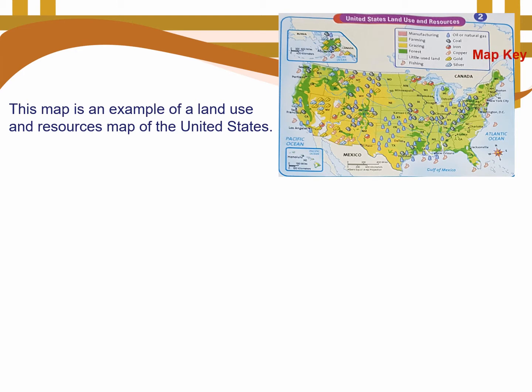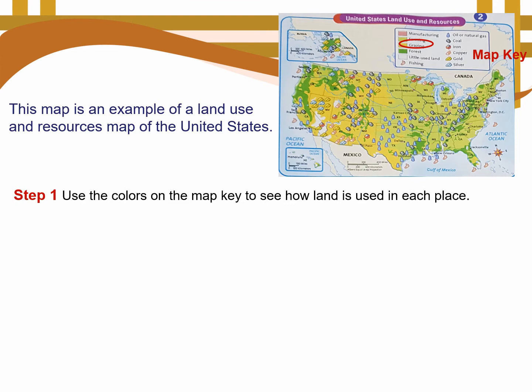Take note of the map key and grazing. For step 1, use the colors on the map key to see how land is used in each place. As I've said, most maps, grade 4, have something called a map key. This is like a code to understand the parts of the map. Map keys use symbols and colors to represent the land use and kinds of resources.